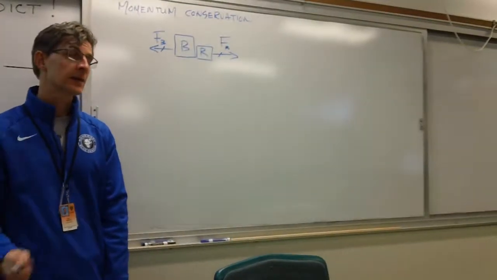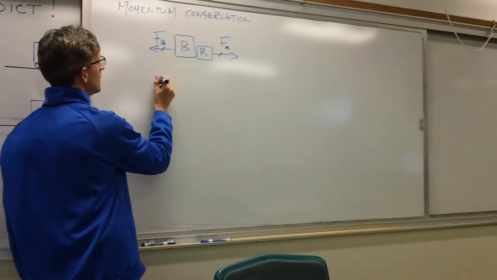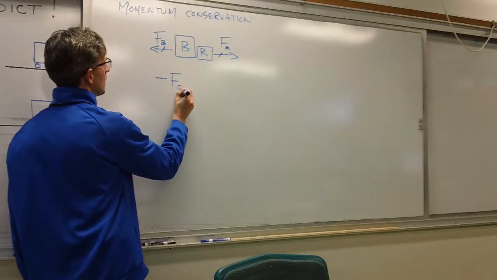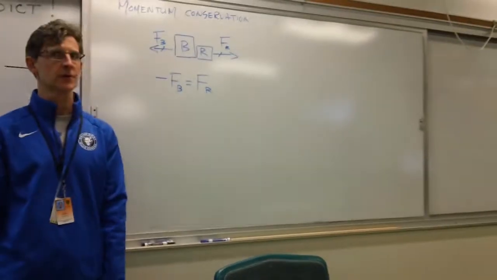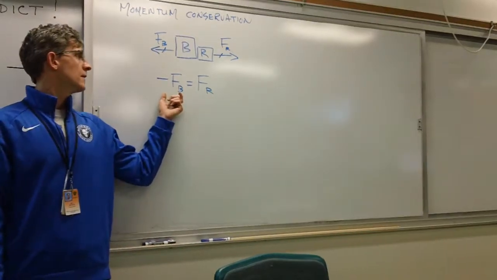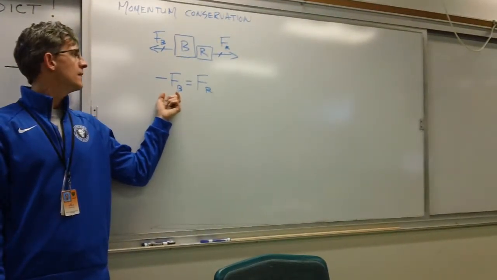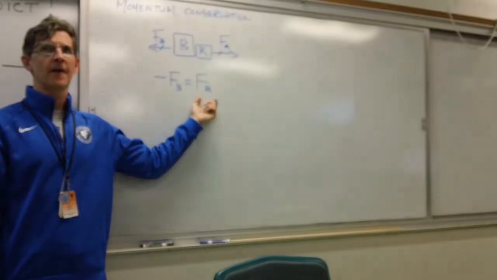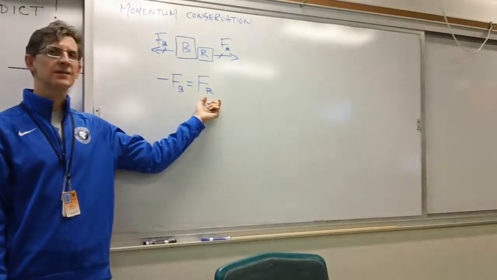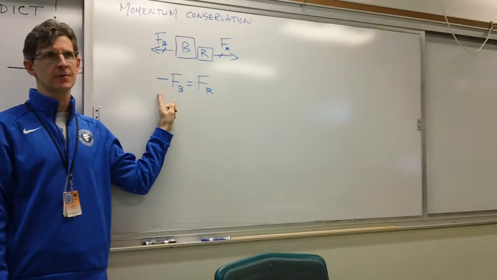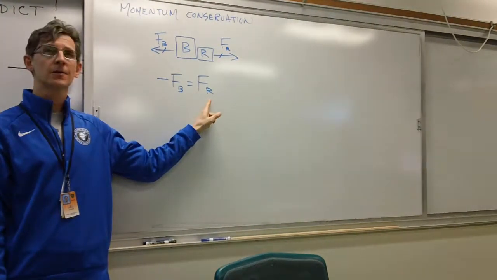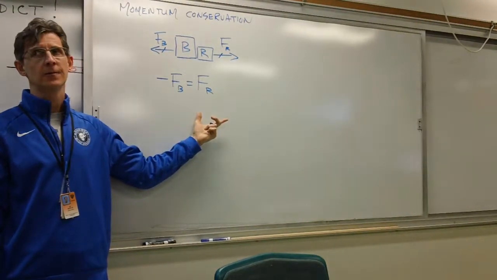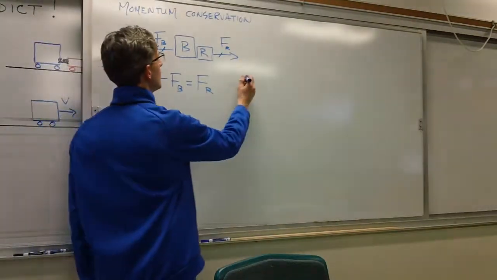Now I'm going to write down Newton's third law for those forces: negative F_B is equal to F_R. In other words, the forces have the same size but opposite direction, and that's where the negative sign comes from. I've got one force to the left and one force to the right. Other than that, they're equal. So that's the third law.